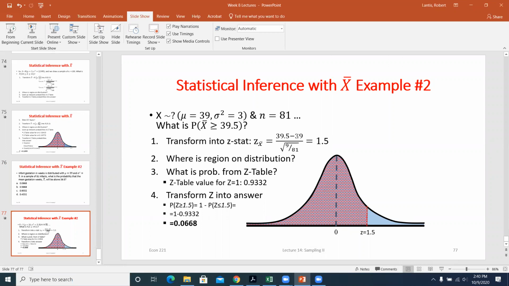So even though 39.5 is close to 39 here, it's 1.5 standard deviations away, which is pretty unlikely, right? Only a 6.7% chance I see something that far away or further.